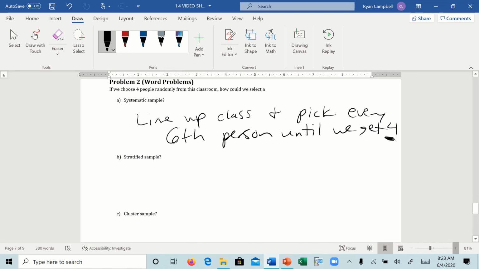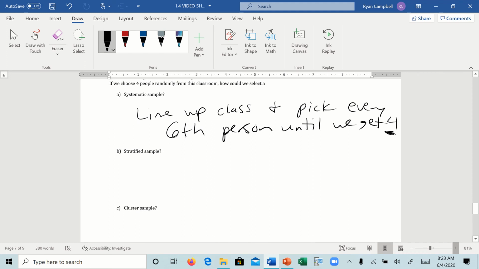All right, let's think stratified. So for a stratified one, we could simplify things and say, let's break people up into men and women, and then select 2 men and select 2 women. Another thing you could do is, I've heard, break up into 4 hair colors.